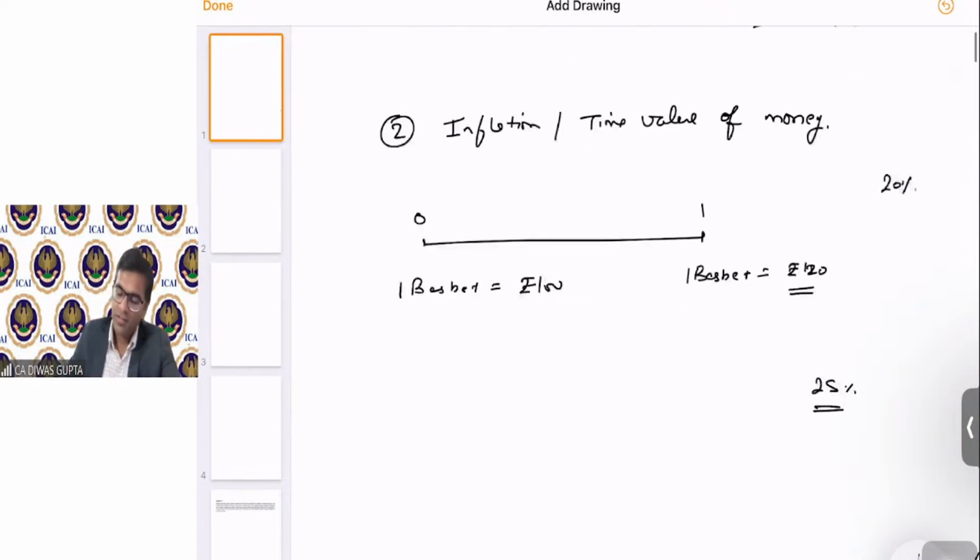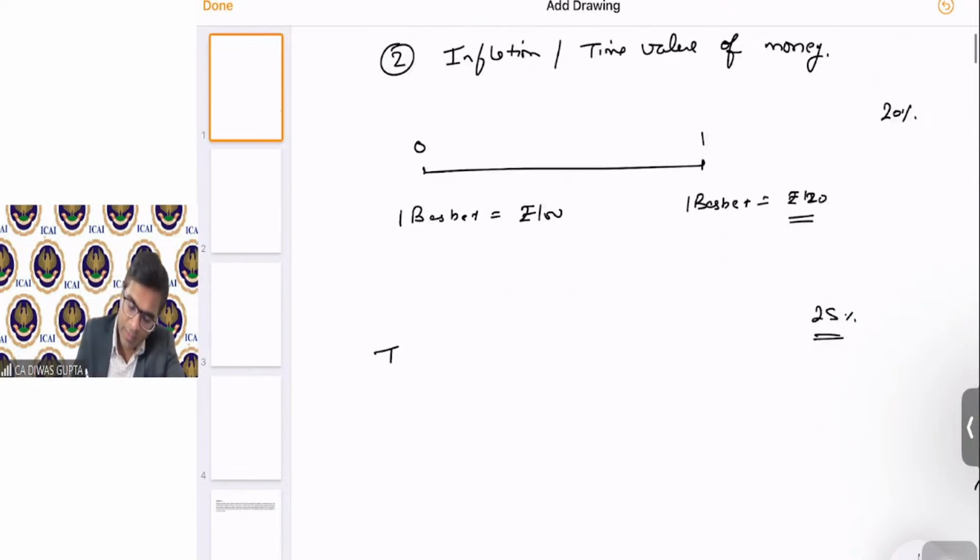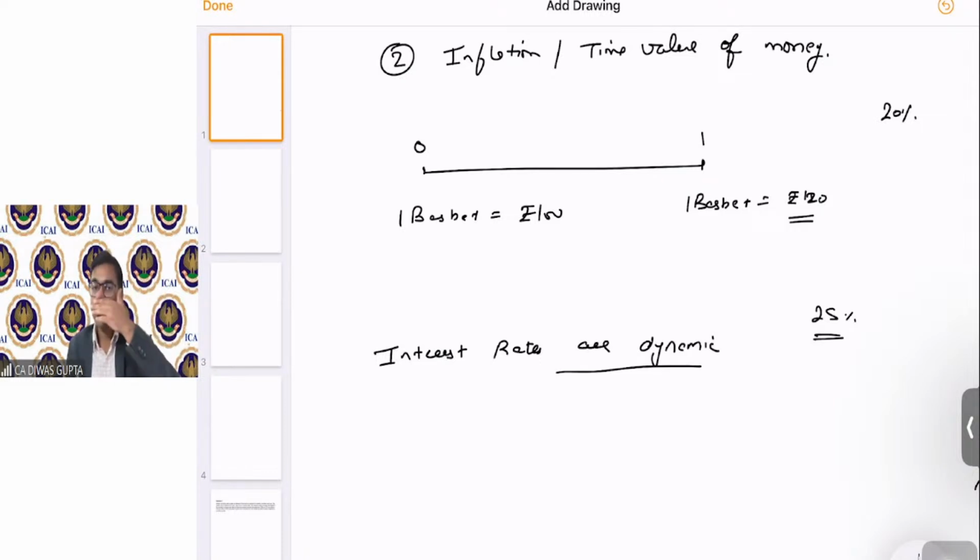Now, with this, we understand that interest is dynamic, students. Interest rates are dynamic, correct? These are not static. These will not remain same. These are bound to change, on account of multiple factors, on account of market forces. Let's say there is a supply of money, there is a demand of money.